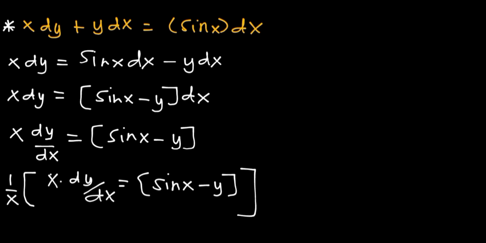Now we know obviously multiplying this by this term for the left hand side, that is going to cancel these out. So that leaves us with dy dx. And so on this other side, we're just going to have 1 over x multiplied by that. So that is dy dx.